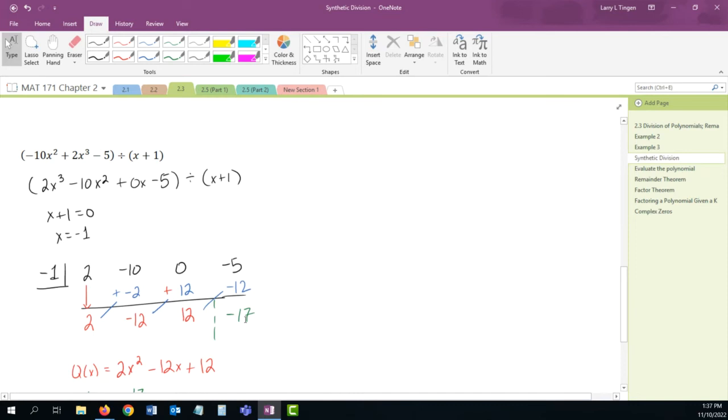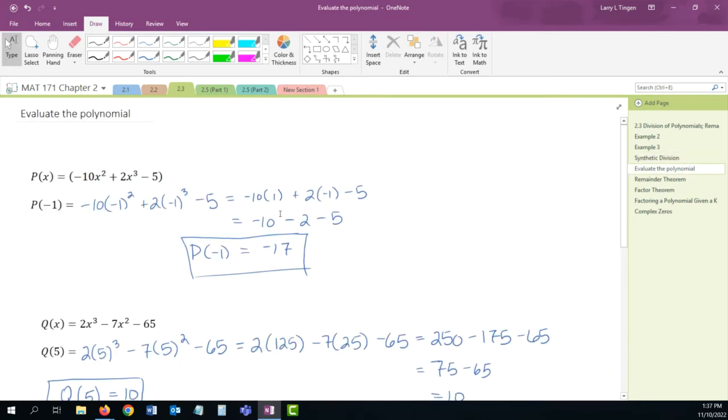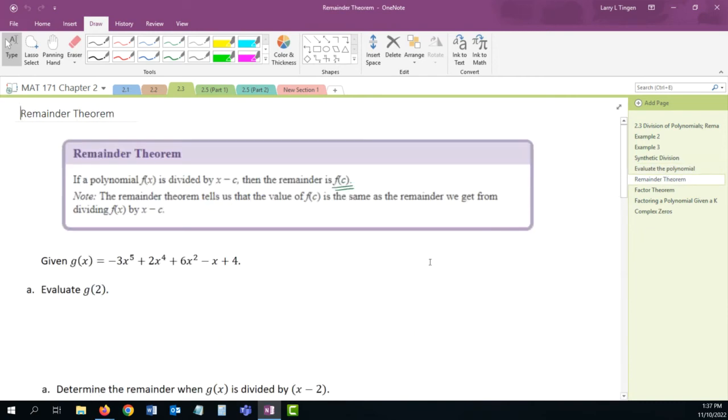The remainder is -17. Well, on this page, I just showed that the evaluation of P at that number that's in the box for synthetic division is also -17. Turns out that happens every time. So what we have is the remainder theorem.